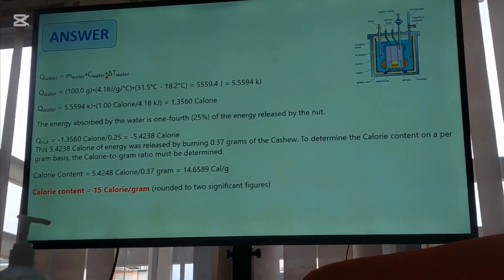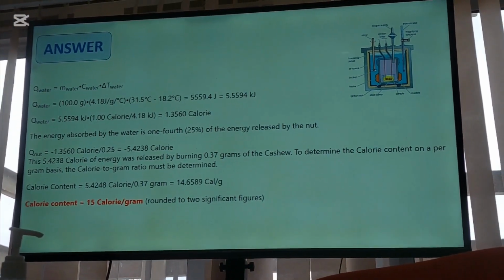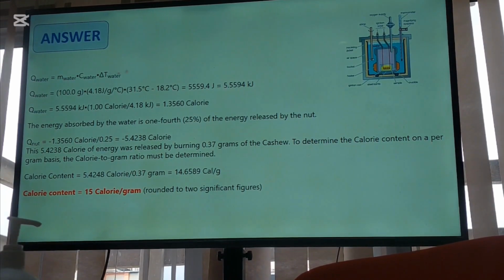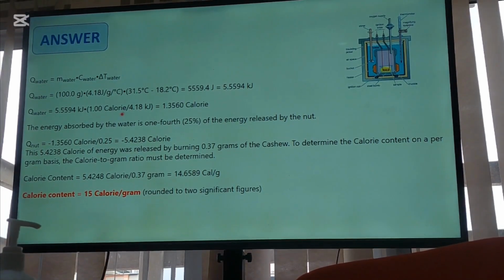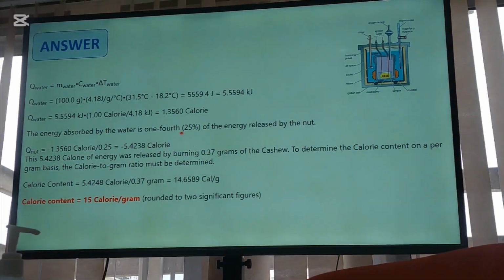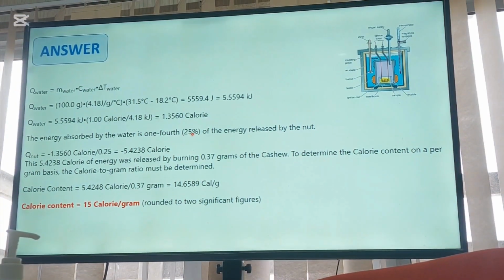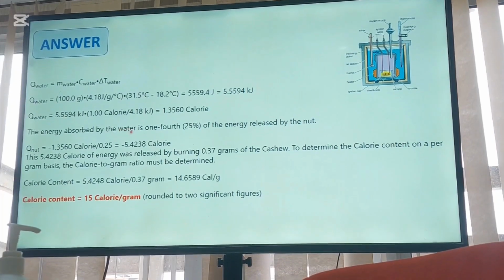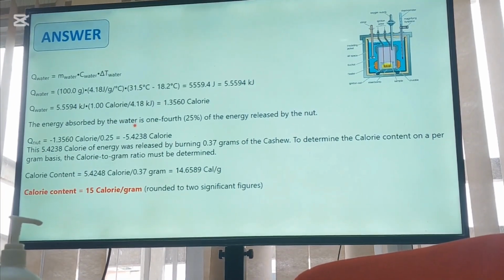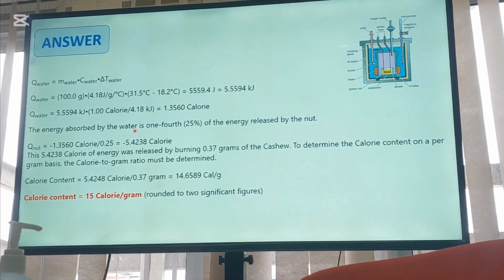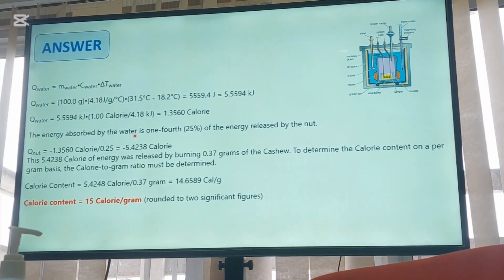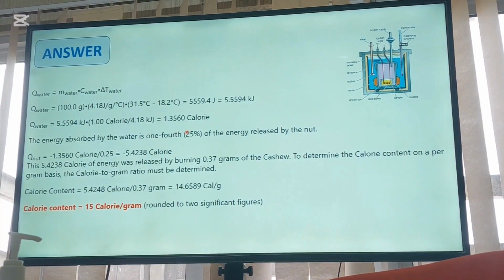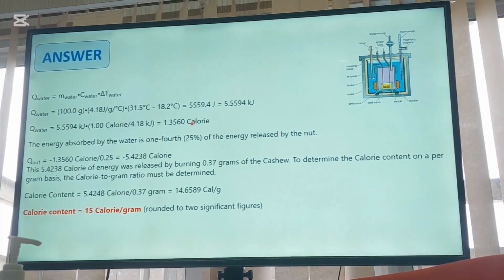The first step, calculate the Q of water, mc delta T, and then the energy. There is additional information here, that the energy absorbed by the water is only 25%. The previous problem assumed that all of the energy would be absorbed by the water, right? But this one has additional information like this.